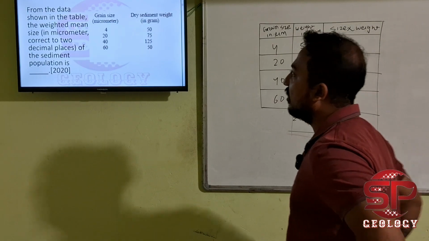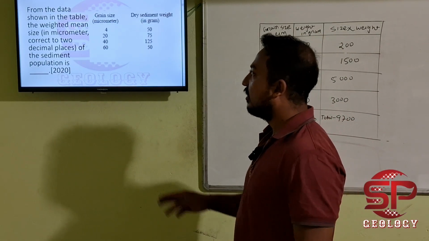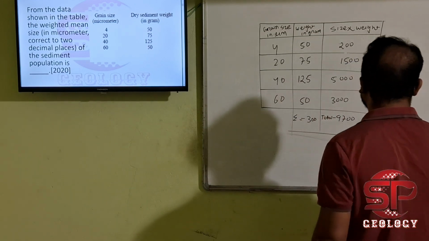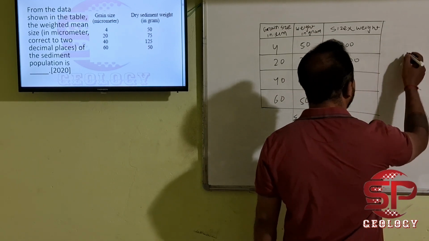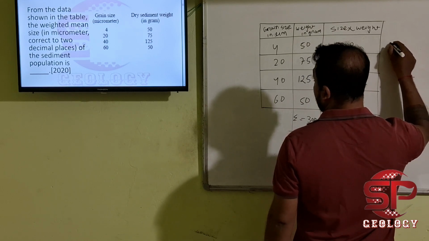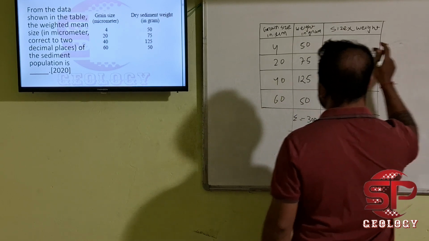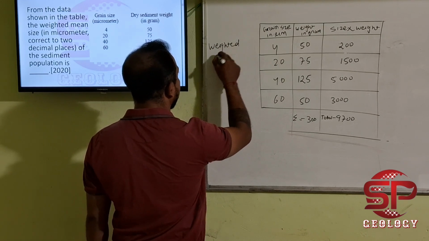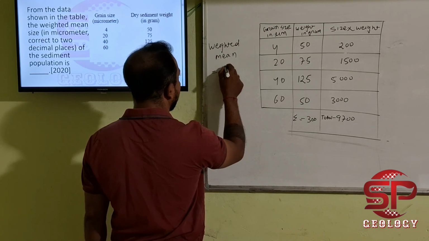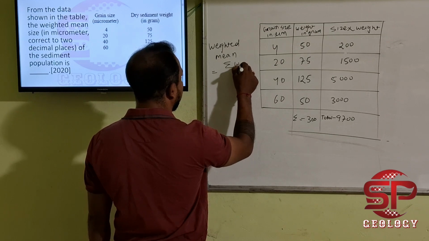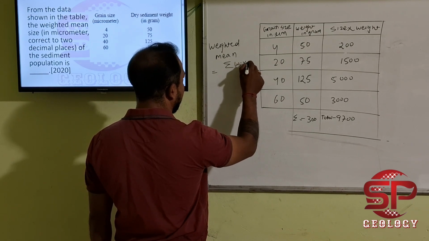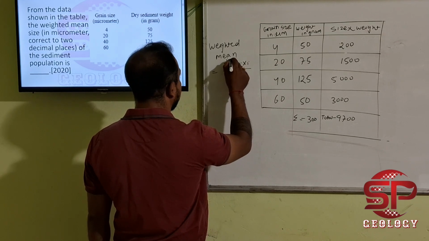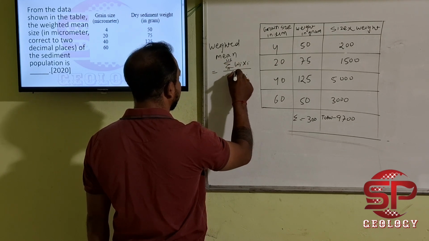Now, from the data shown in the table, calculate the weighted mean size in micrometer, correct up to 2 decimal places. So the weighted mean formula will be summation of wi xi divided by summation of wi, i from 1 to n.